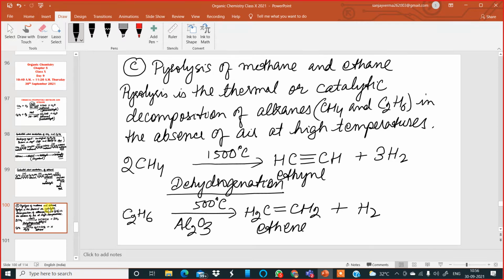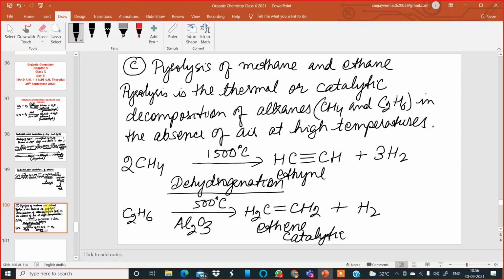This is called catalytic dehydrogenation. Remember that. So this was pyrolysis of methane and ethane. This completes the chemical properties of methane and ethane.